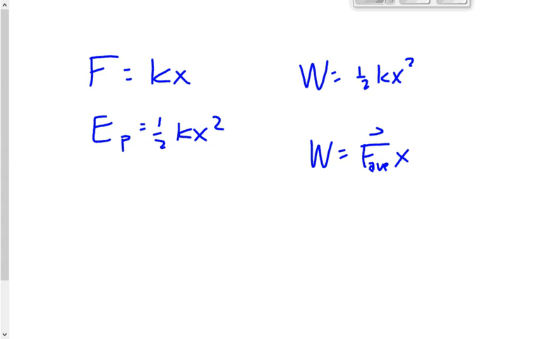So we go from 0 force to a force of F, the average force is 1/2 of that. 0 plus F divided by 2 is 1/2. So we're going to say it's 1/2 of F max times X. But F is going to be K times X. So it's going to be 1/2 of K times X times X, which is 1/2 of KX squared.